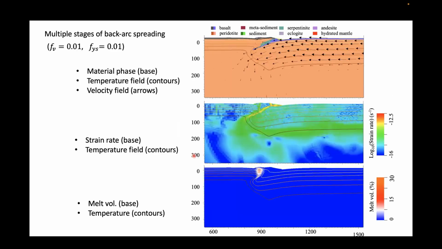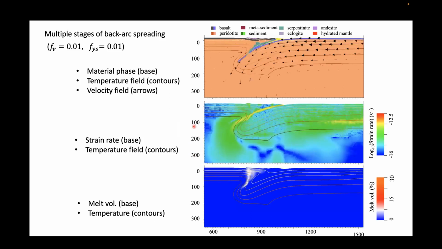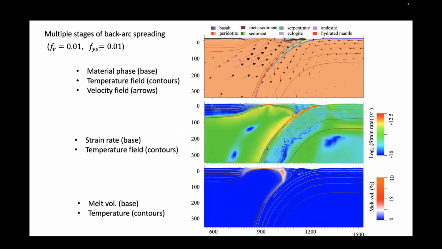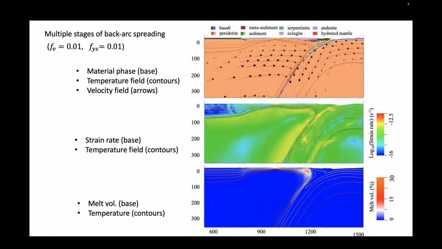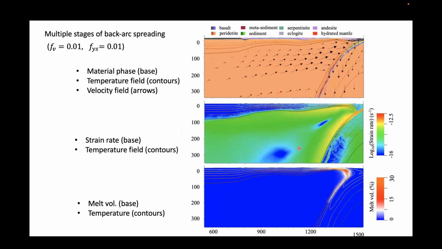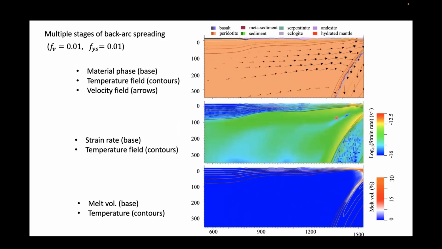So this is the simulation. On the top here, these are the different types of rock, and in the middle, this is the strain rate. The red color means a high strain rate region, and the bottom here is the amount of melt, the amount of magma in the region.